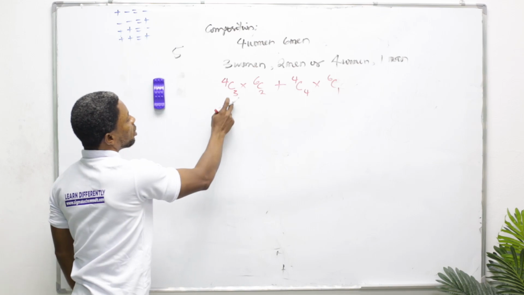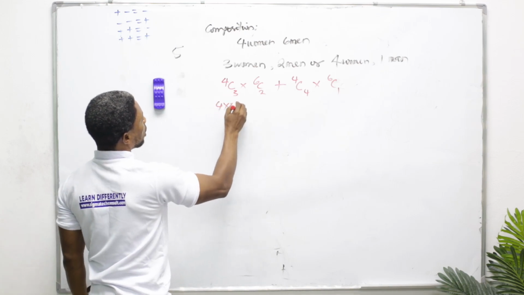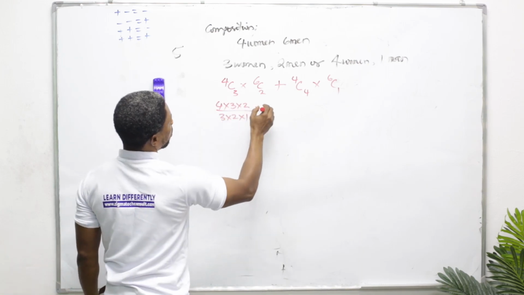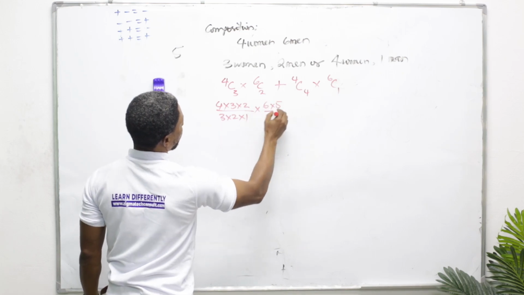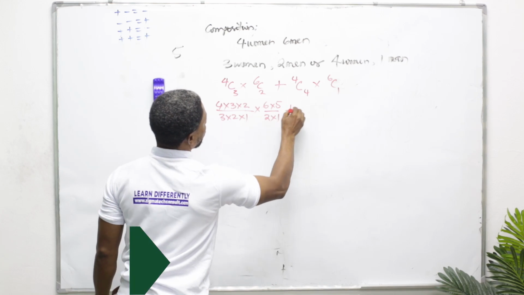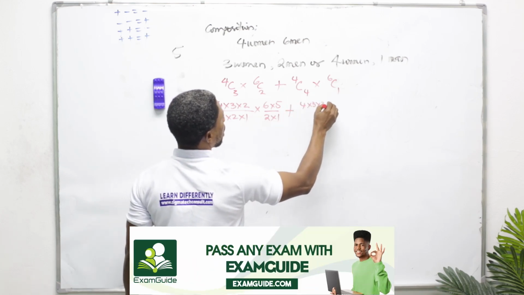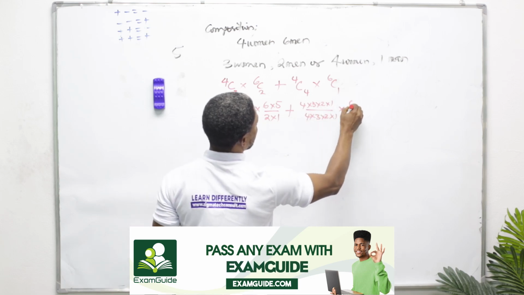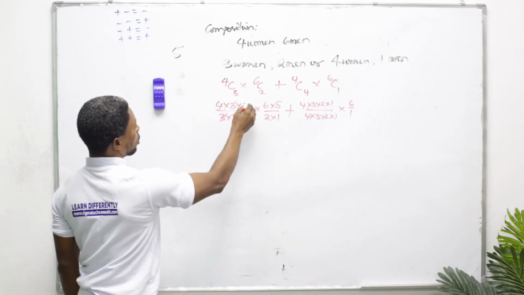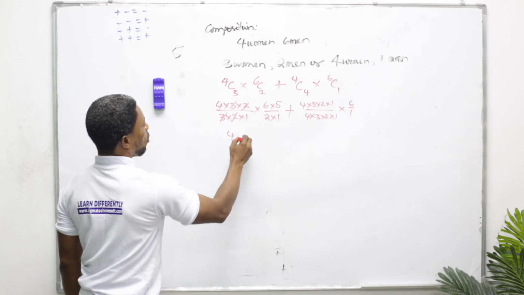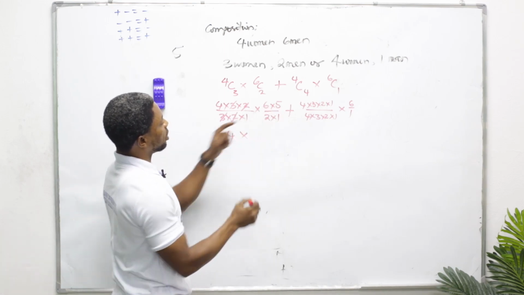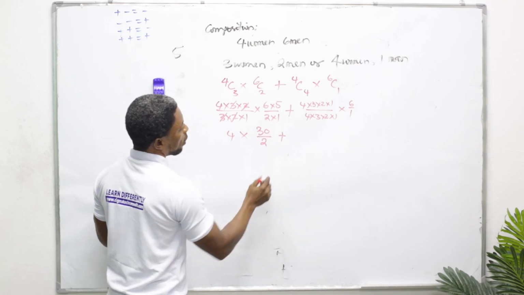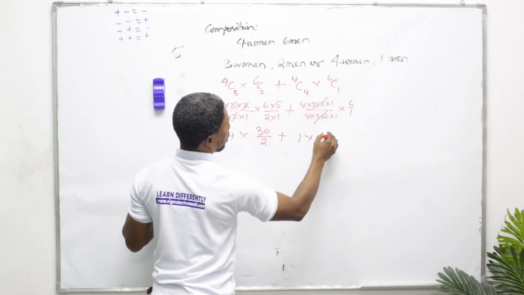So now, in combination, what you have here is 4 times 3 times 2, 3 numbers, over 3 times 2 times 1, multiplied by 6 times 5 all over 2 times 1, plus 4 times 3 times 2 times 1 divided by 4 times 3 times 2 times 1, multiplied by 6 over 1. 3 cancels 3, 2 cancels 2. 4 divided by 1 is 4, multiplied by 5 times 6 will give you 30. 2 times 1 will give you 2, plus the whole of this is 1, multiplied by 6.